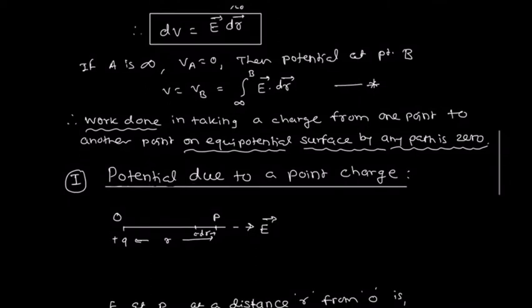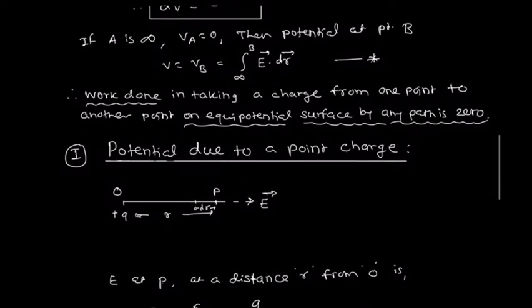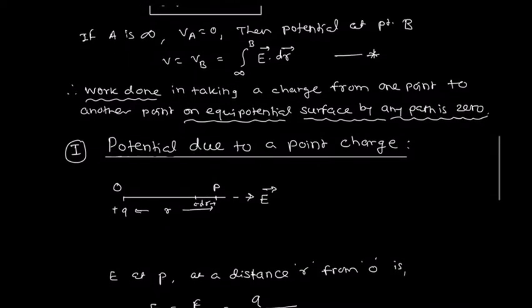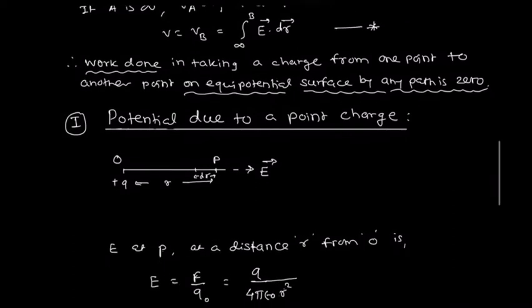We first find the magnitude of the electric field at the point P, if that point P is at a distance R from the given point O. What is the magnitude?